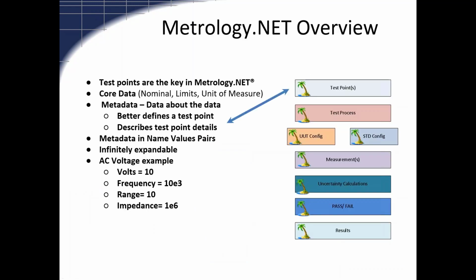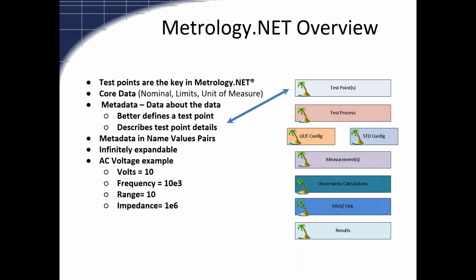So the first thing that people have to wrap their head around with Metrology.net is that we're test point driven. Okay, so the test points exist first, and then we automate those test points. So we grab those test points, and then we go in and we automate them.